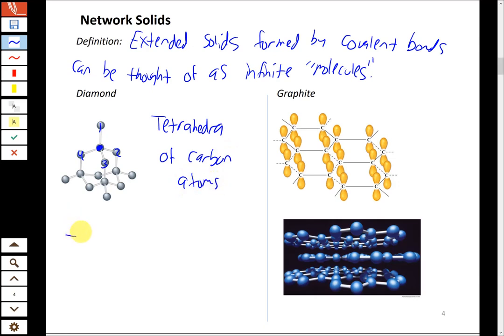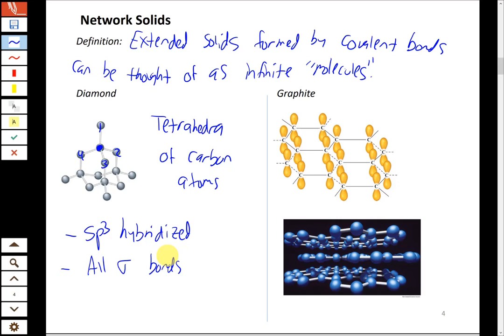As we know, if you have a tetrahedral carbon atom with 4 things bonded to it, that means it's sp3 hybridized. Because of this, it has all sigma bonds. So the only types of bonds that we have in diamond are sigma bonds. When you have sp3 hybridization, you can't have any pi bonding. So that's how diamond is bonded together. It's all carbon atoms, but they're all sp3 hybridized.